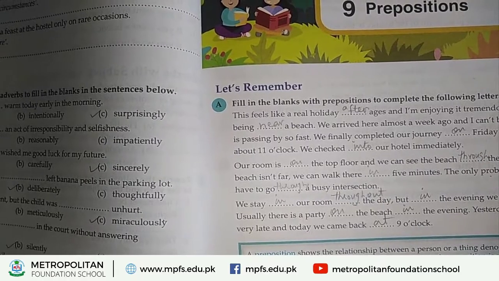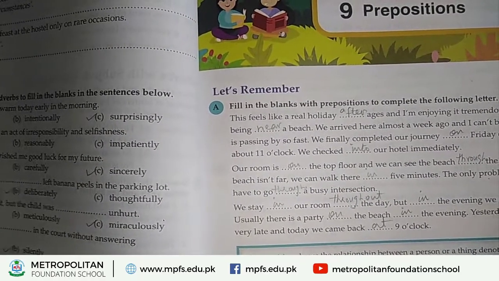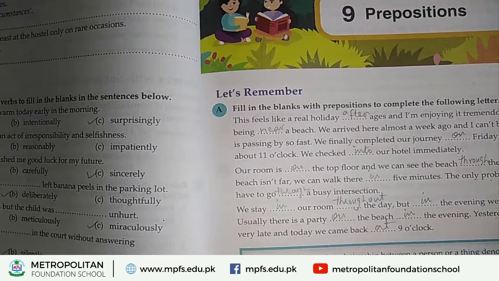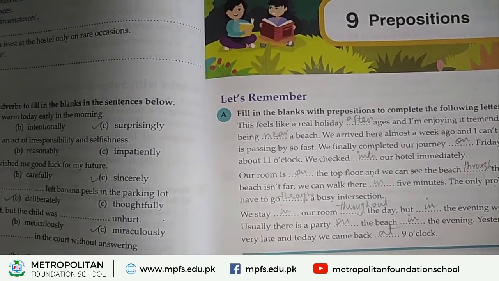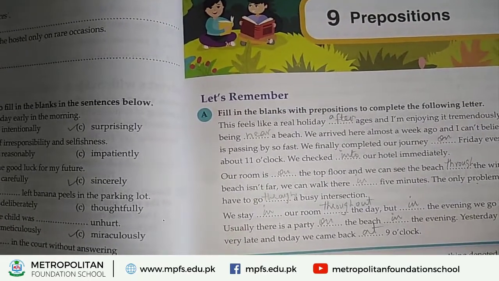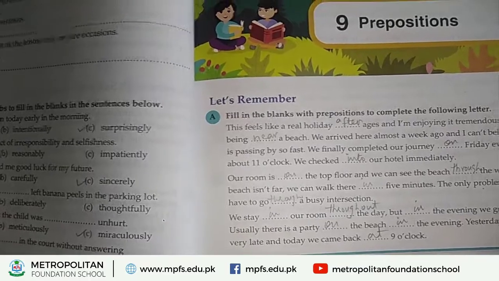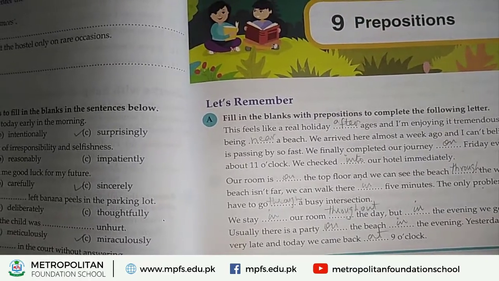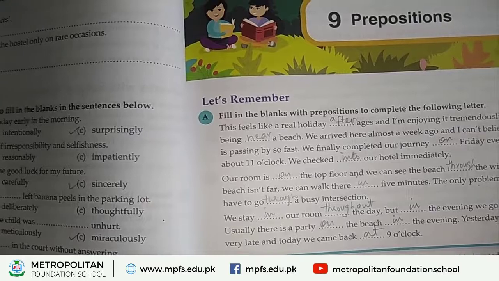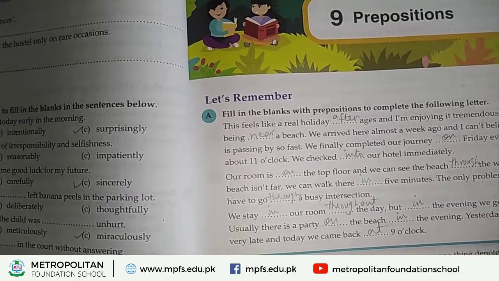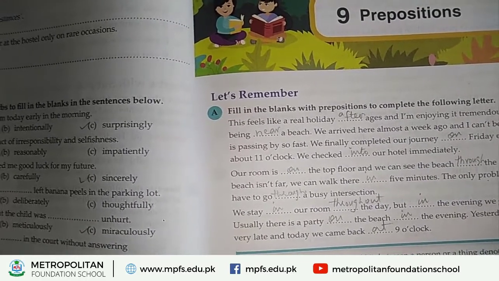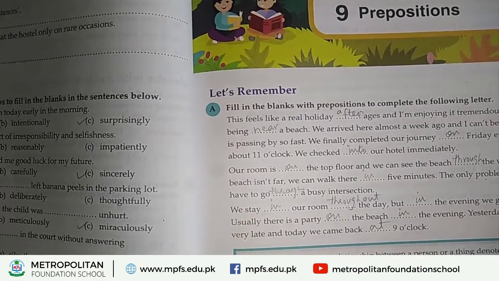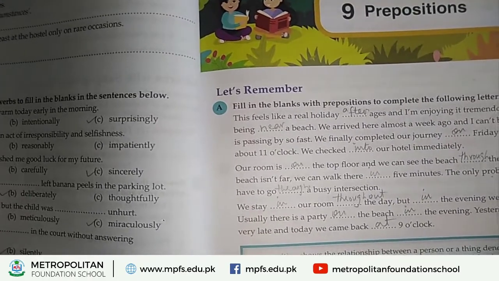And what are the compound word prepositions? I told you compound ones are made up of 2 or 3 words. So that is decide on, according to, desirous of, sorry for. That is called a 2-word compound preposition.